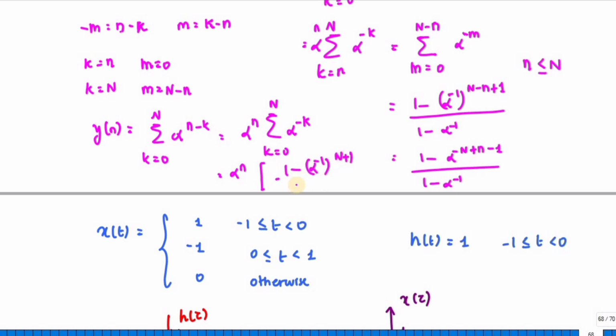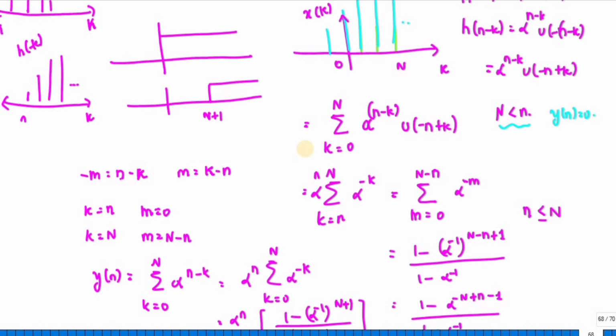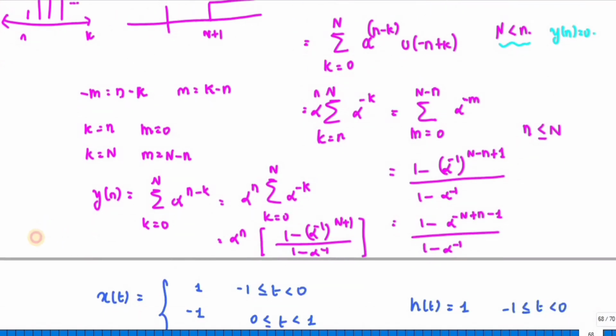So this is my answer. Since the n value is like this, here the n value can be minus 1 or less than minus 1. So for n value which is less than or equal to minus 1.